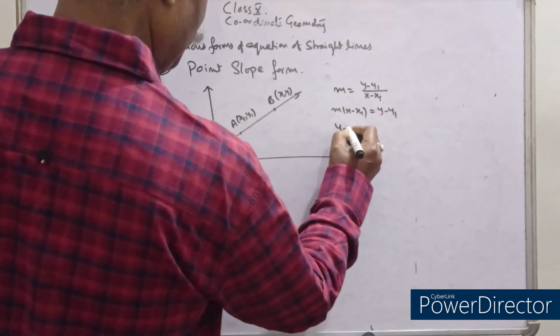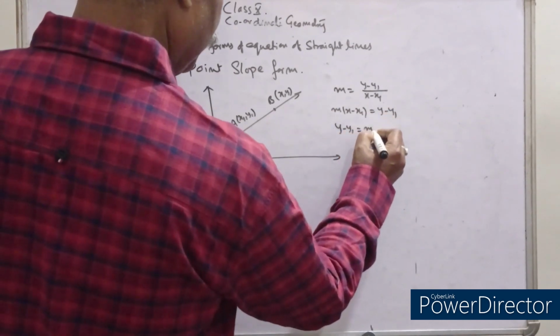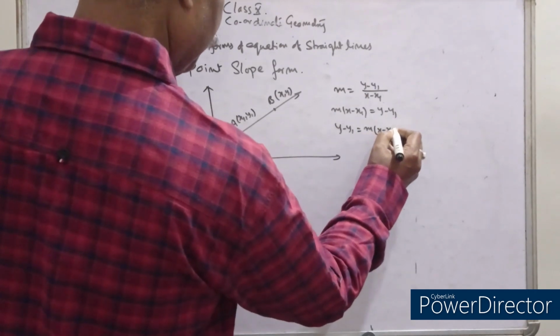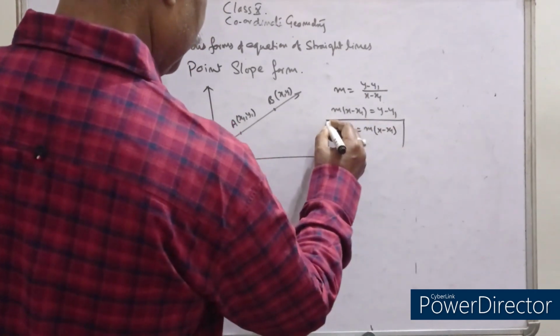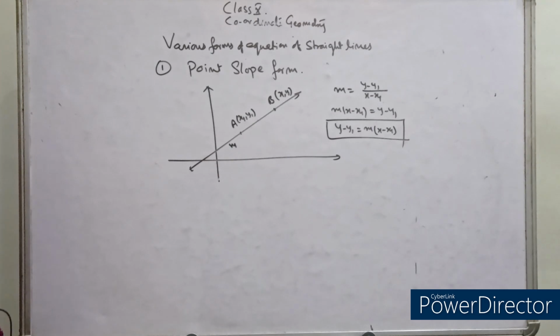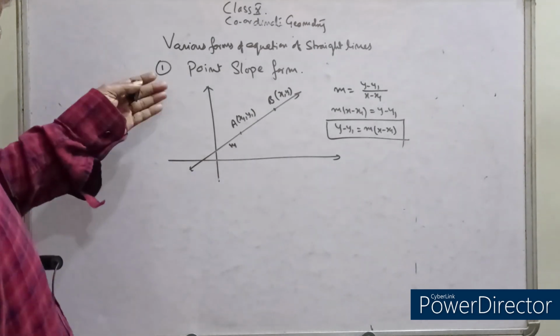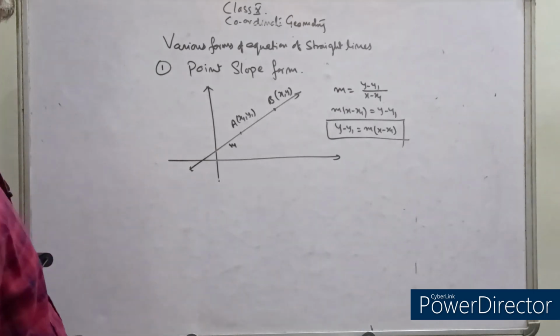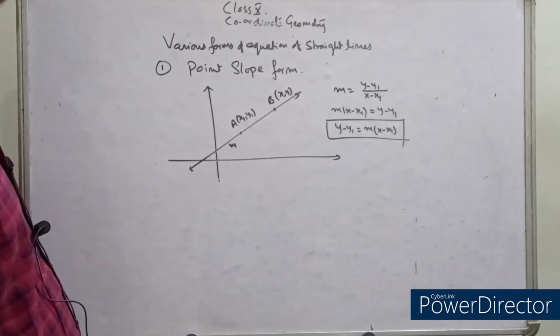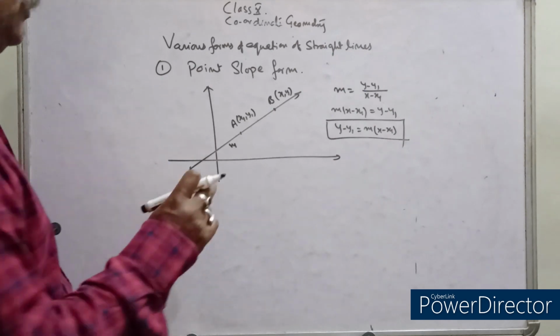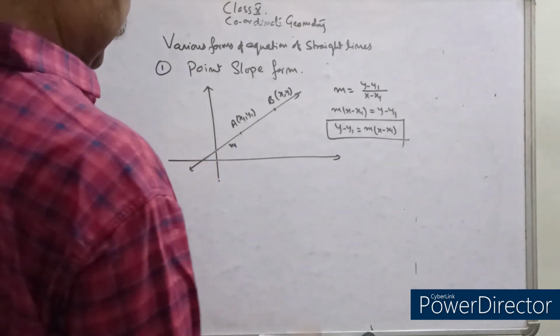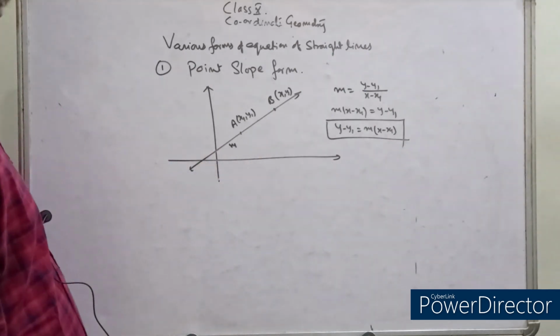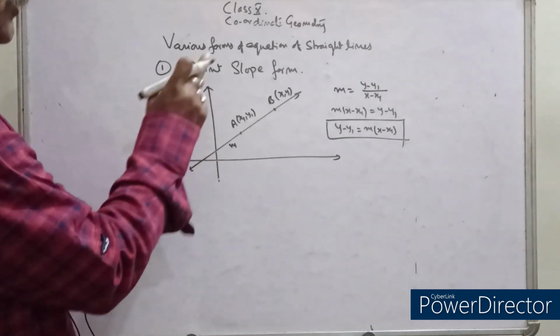So this comes out to y minus y1 is equal to m times x minus x1. The equation which I derived just earlier to find the equation of a line passing through a given point can also be considered as point slope form.